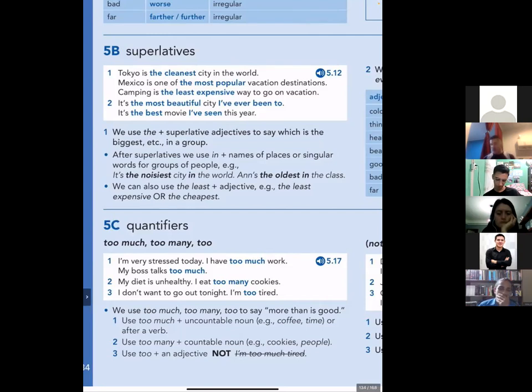We use too many for countable nouns like cookies and people. Use too plus an adjective. Not "I'm too much tired." Never. So you can say, for example, that you got a new phone and you're like, it's too beautiful. It's too perfect. It's too amazing. It's too fast.